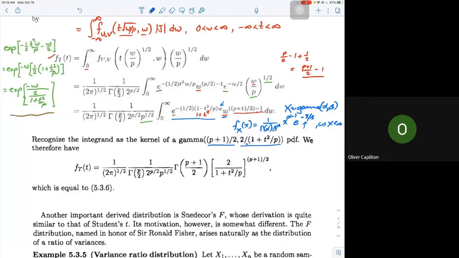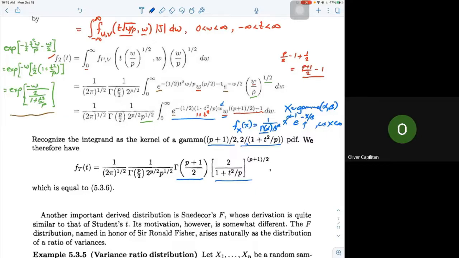Okay, so what will we multiply? We have the gamma of alpha and then beta to the alpha. So this is what we multiply, so that the PDF will be equal to 1. So we have this.